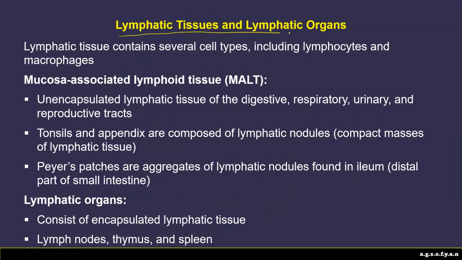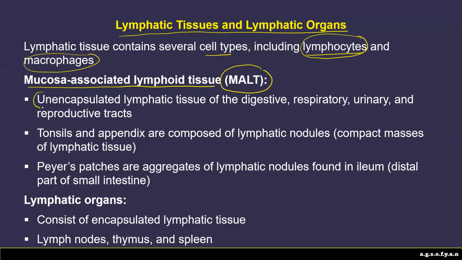Lymphatic tissue and lymphatic organs. Now, lymphatic tissue contains several cell types, including lymphocytes and macrophages. These are the ones that protect us against disease, against pathogens. There are several types. The first one is called mucosa-associated lymphatic tissue, or MALT.